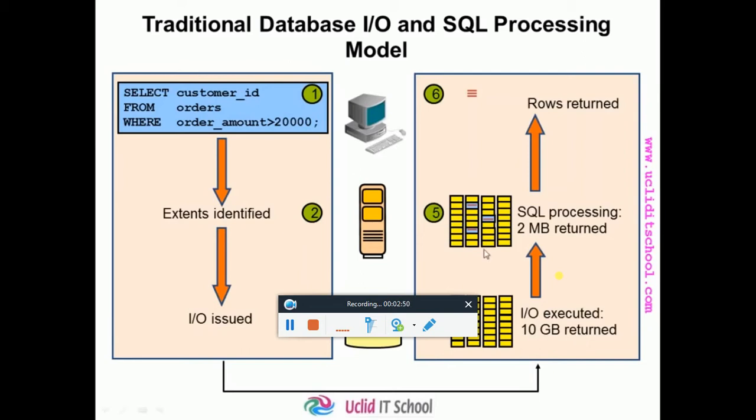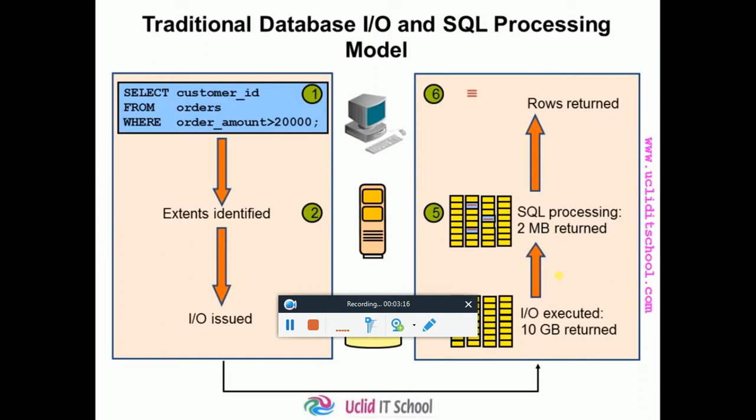Now this 10 GB is returned to the database server, where the predicate, the where condition, is evaluated and the block processing is done. Out of this 10 GB of data, only 2 MB matches the where clause condition. So this 2 MB is returned to the client.